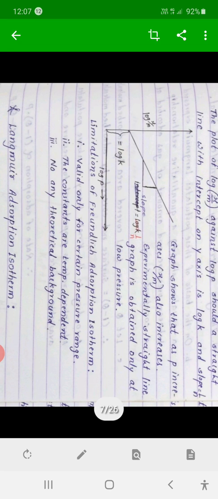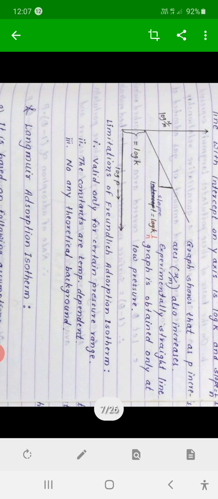The graph shows that as P increases, that is as the pressure of the adsorbate increases, x by m also increases. Actually, experimentally, a straight line graph is obtained only at low pressure range.